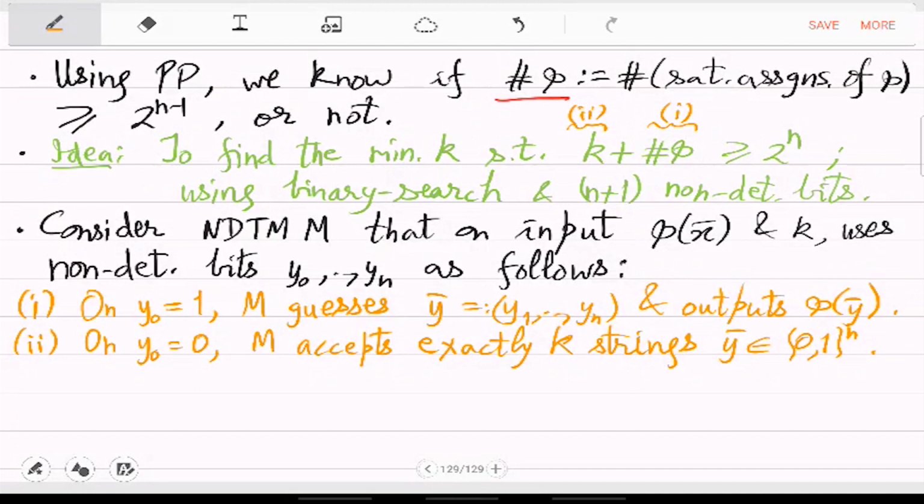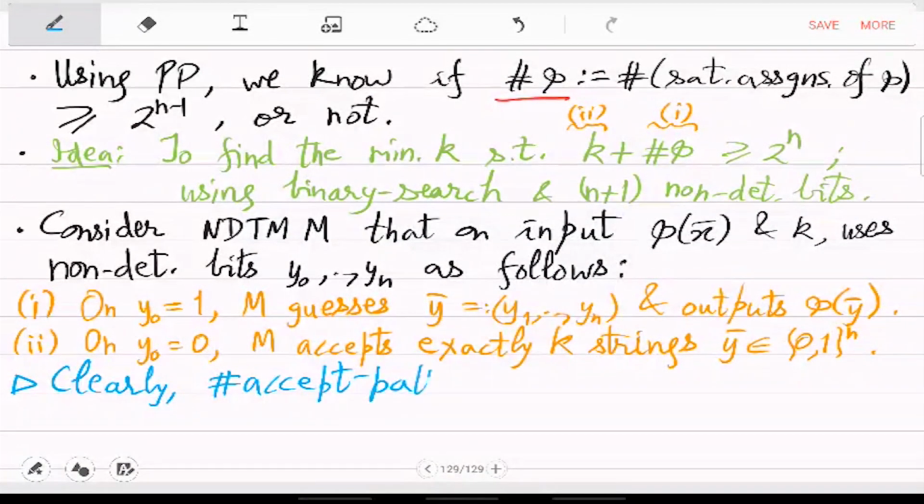So let's write that down. The number of accepting paths of M on phi, k is k plus #phi, this is by definition the way it is accepting, right?